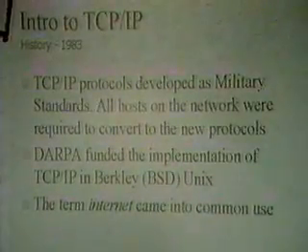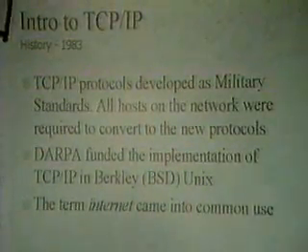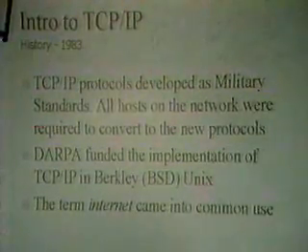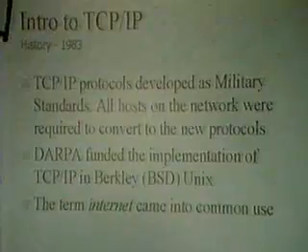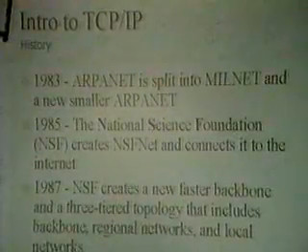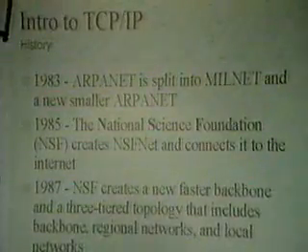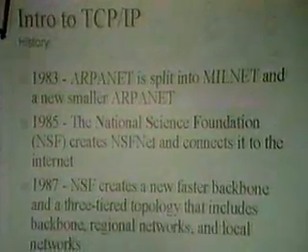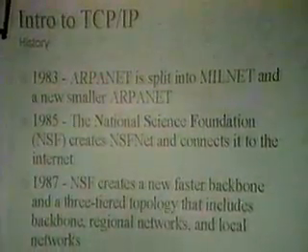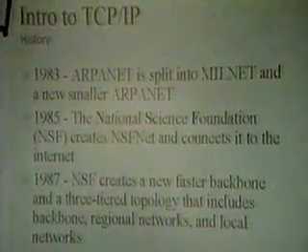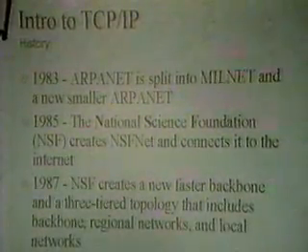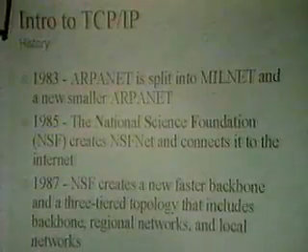And also in 1983, the term that we know today as Internet came into common use. Also in 1983, ARPANET split into both the MILNET and also its newer, smaller ARPANET, controlled by 2 bodies at this time. In 1985, the National Science Foundation, or the NSF, created NSFNet and connected it to the Internet.